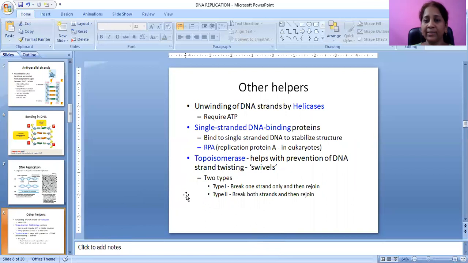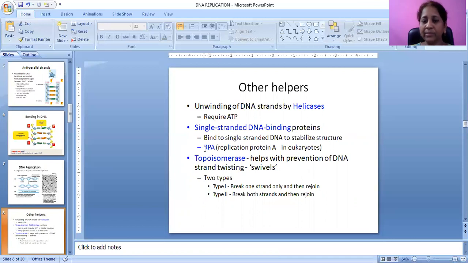I have already said that DNA strands are unwound by helicases. Single-stranded DNA binding proteins are also very important, which bind to DNA to stabilize the structure.